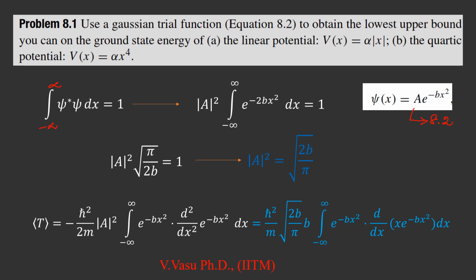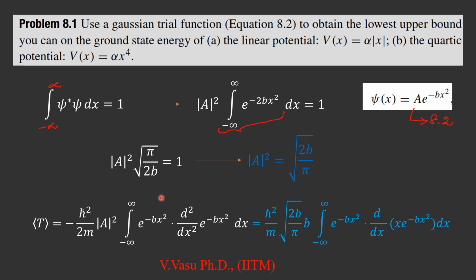From the Gaussian integral, the integral of e to the power minus alpha x squared from minus infinity to plus infinity is the square root of pi by alpha. Here alpha is 2b. Bringing the square root of pi over 2b to the right-hand side, modulus A squared equals the square root of 2b over pi.